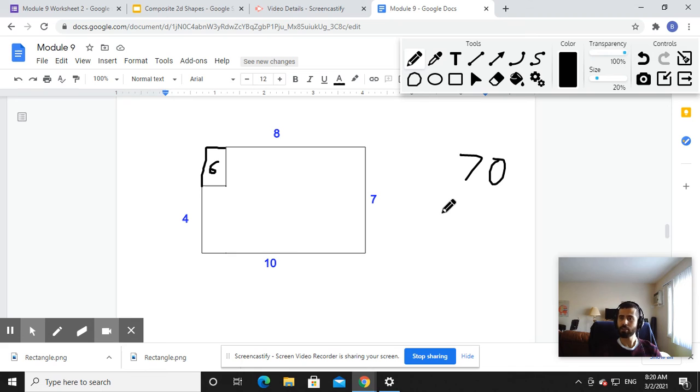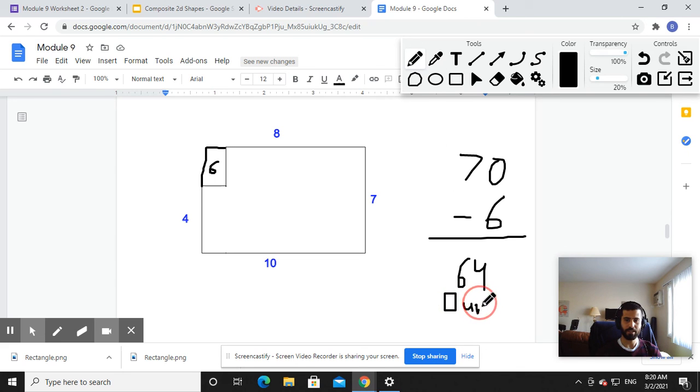So do we add 6 or do we subtract 6? It's been taken away, so we need to subtract 6. So 64 square units.